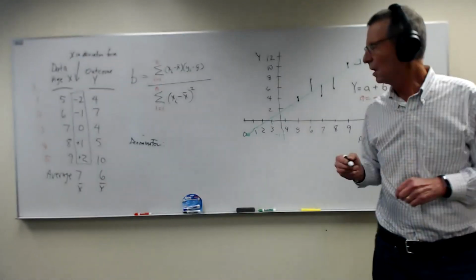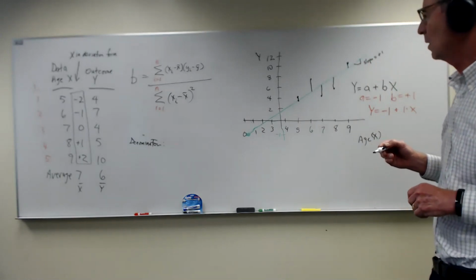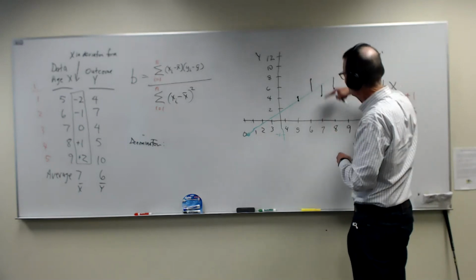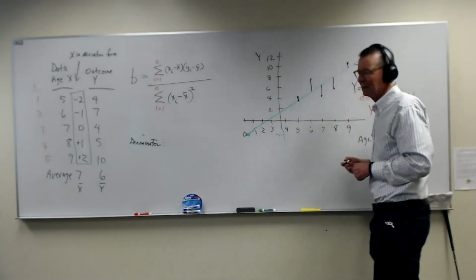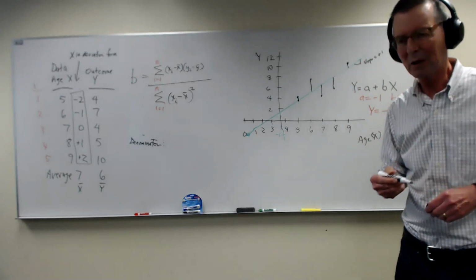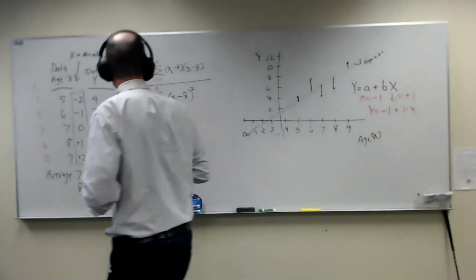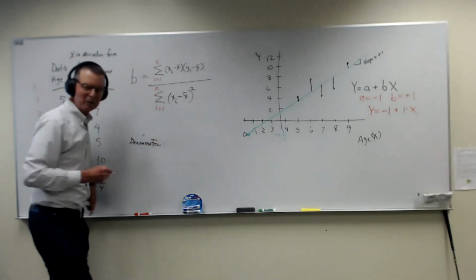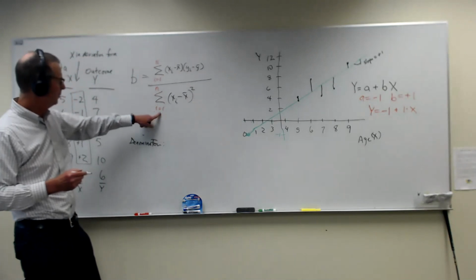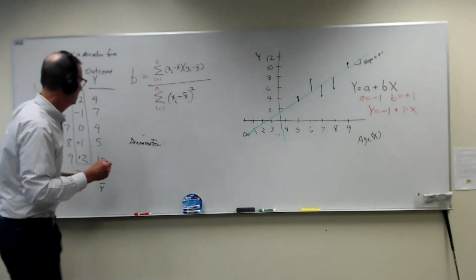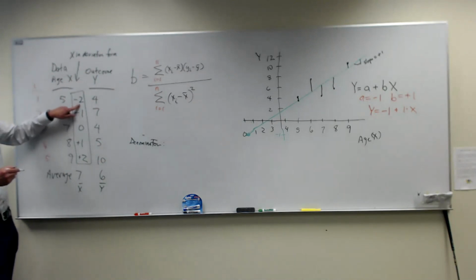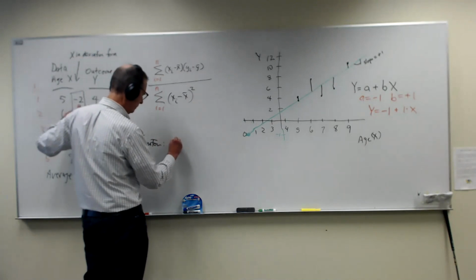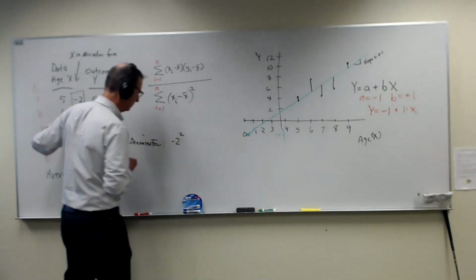It doesn't involve y at all. It only involves x. So we could have these y values be wildly up and down from where they actually are, and it wouldn't affect the denominator at all. In this case, we start with the first case, i equals 1. xi minus x bar is minus 2, so it's minus 2 squared.